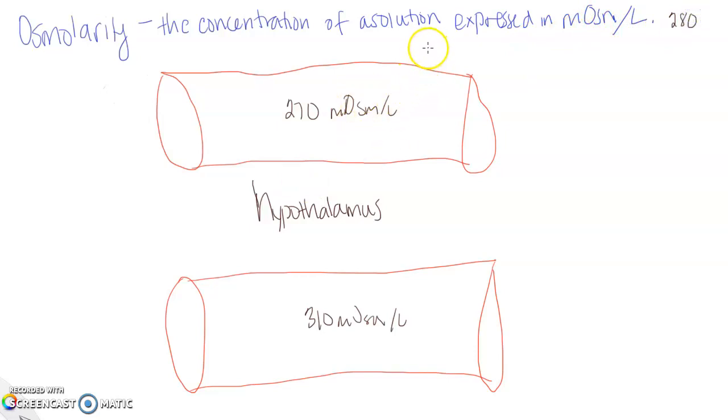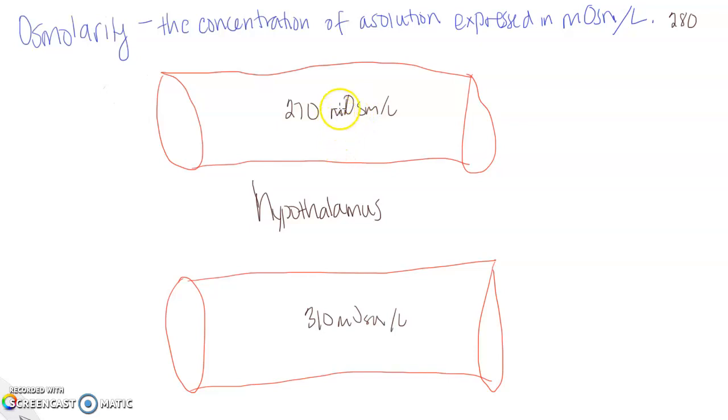And I know when we talked about the nephron and the medullary gradient and all of that, we use 300 as what is isoosmotic and what the normal osmolarity is. We just use 300 because it's easy, all right? But actually it's about 280. So what happens? We've got these two vessels, and this one up here is at 270. This one down here is at 310. Well, how do we change that osmolarity?